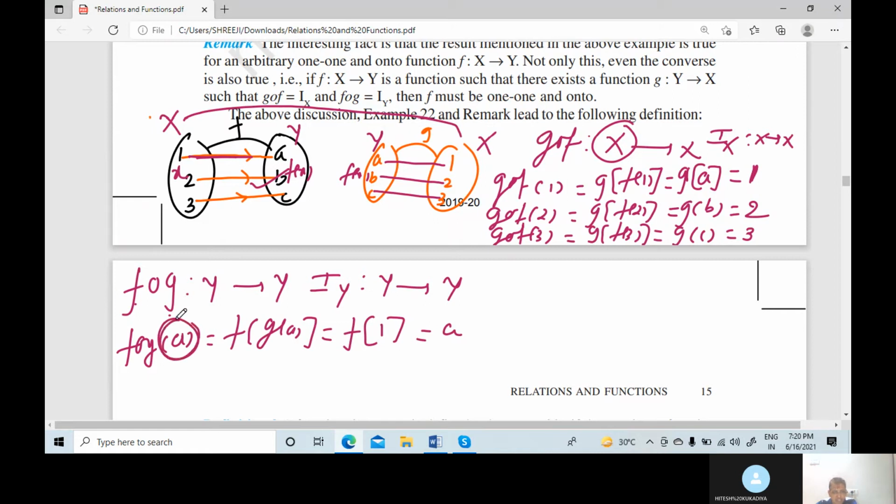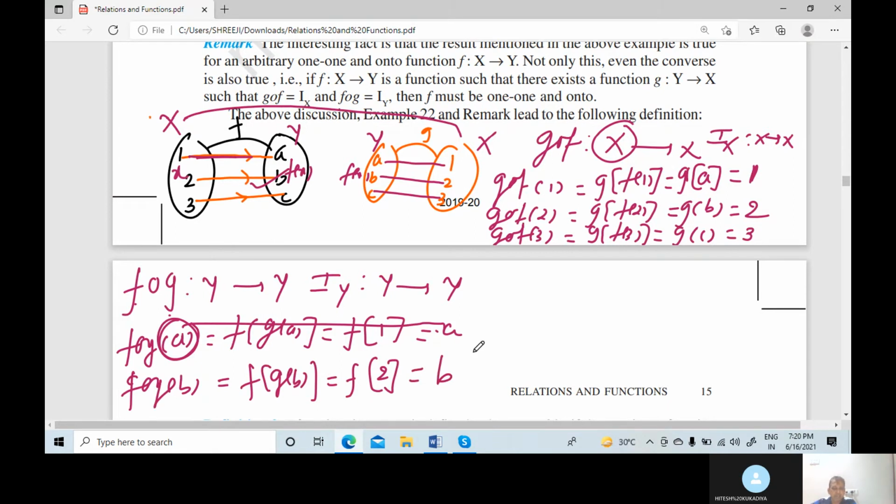Okay, here we place the value A, we get the answer A. So identity function. FOGB equal to F of GB. F of GB answer is 2, F2 answer is again B.